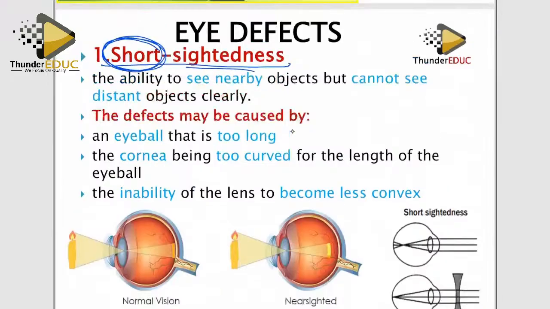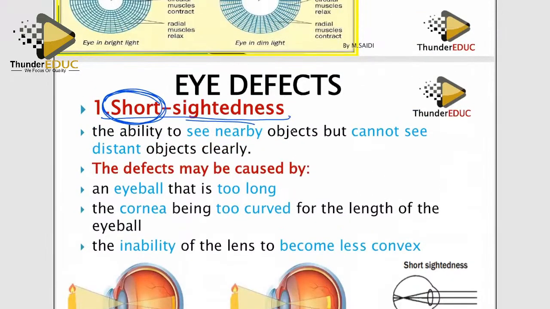Let's go to the causes of each. Short sight is caused as a result of the eyeball being too long. What does it mean when they say that the eyeball is too long? You're able to see objects which are near, but you can't see objects which are far.